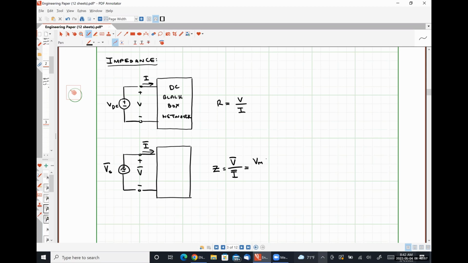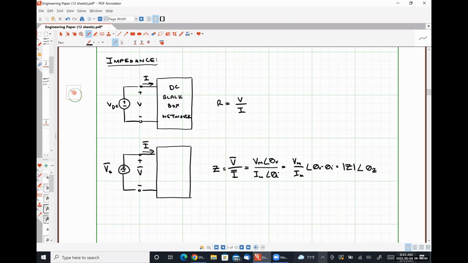So we'd have Vm angle theta V divided by Im angle theta I, which would be the same as Vm over Im angle theta V minus theta I, or the magnitude of our impedance Z with a phase angle of theta Z. So there's where our polar form complex number representation comes from.